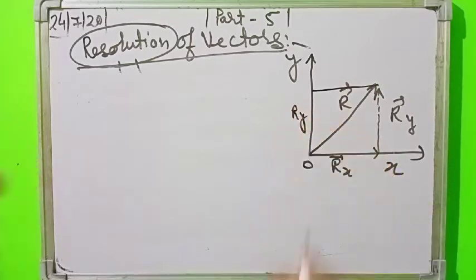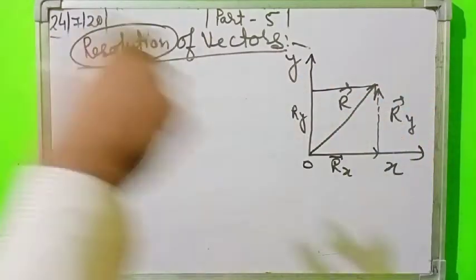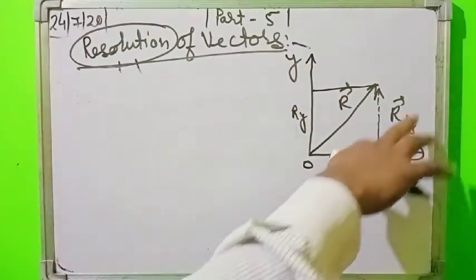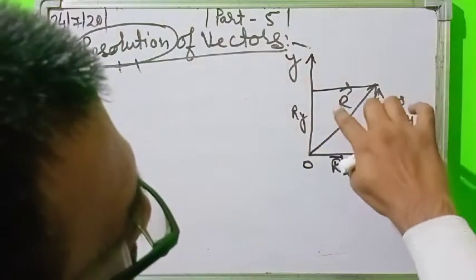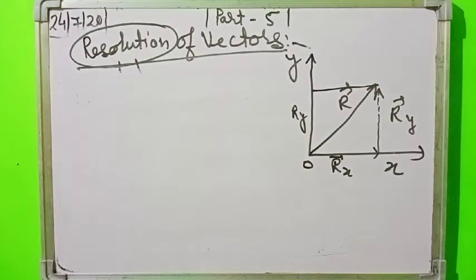This is ry. So this is parallel and equal, so it will be ry, and these are the two vectors. Then due to the triangular vector addition, r vector is equal to rx plus ry.